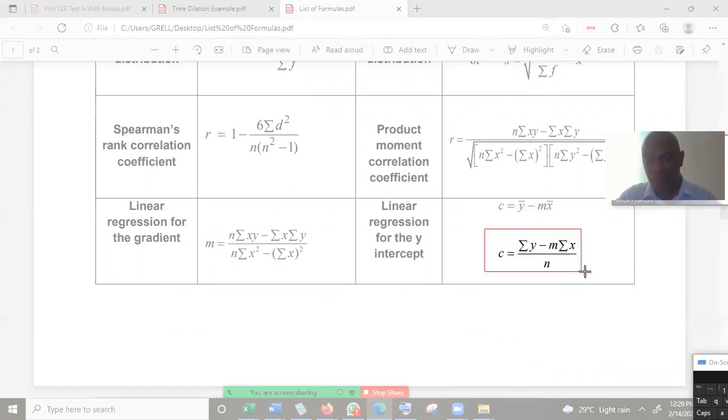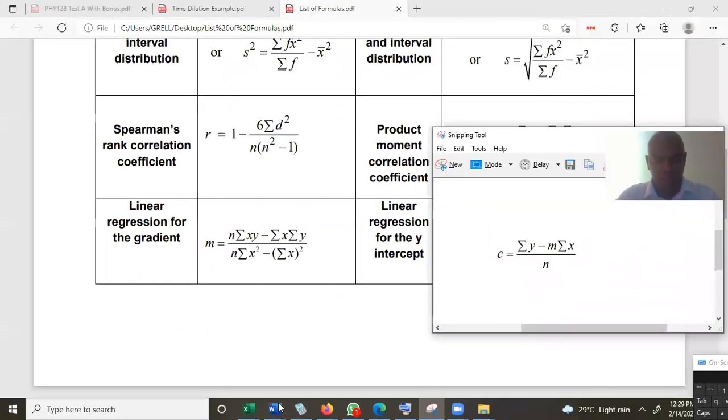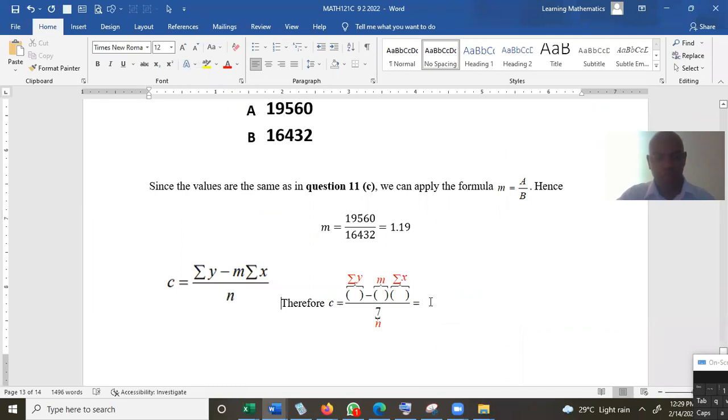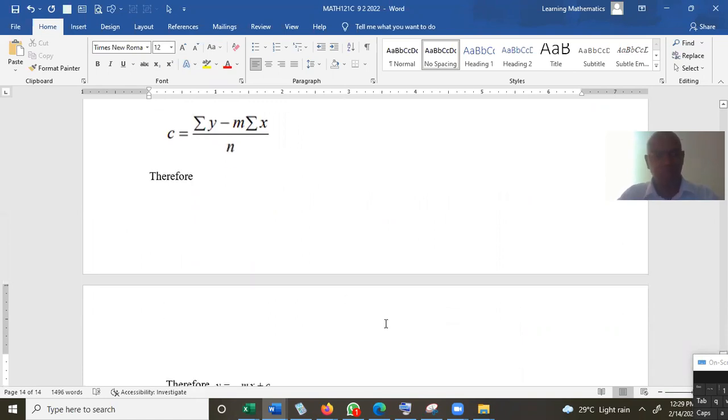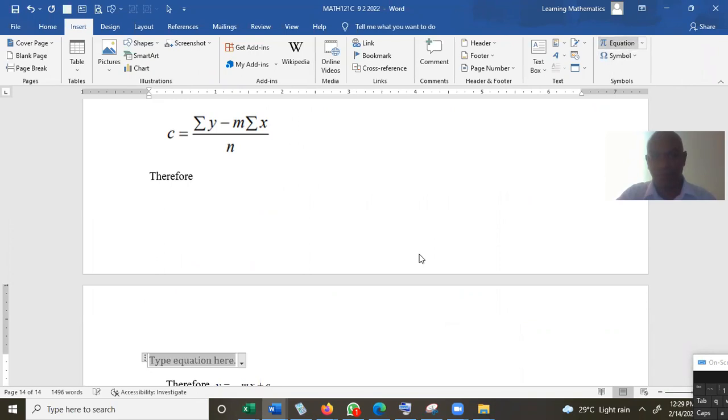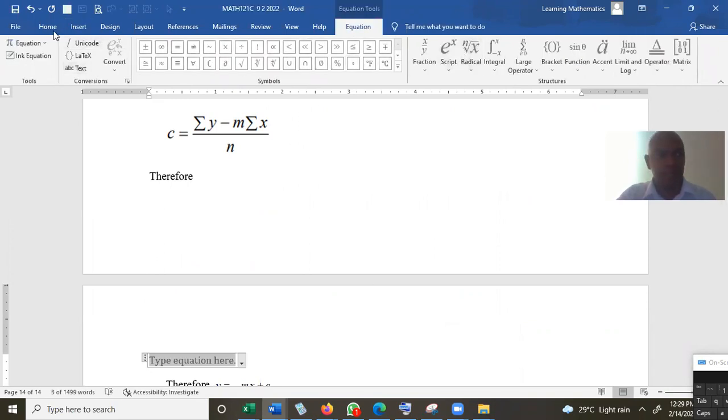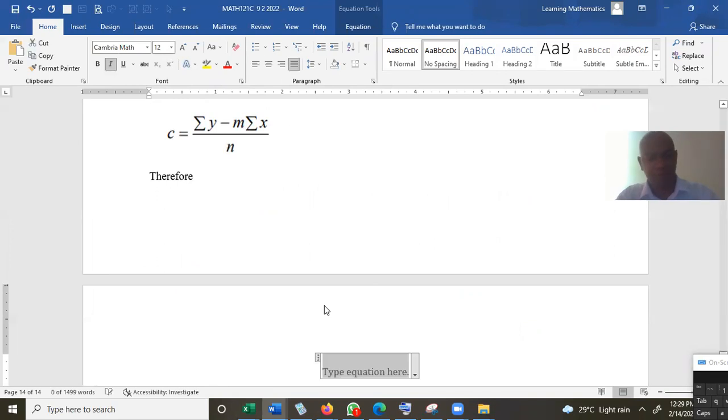All of the values in c we have already obtained in previous calculations, so we can use our results in number 11 part C also to find c. So therefore m is equal to 1.19, but c now is equal to, we need a fraction, so we put the sum of y.